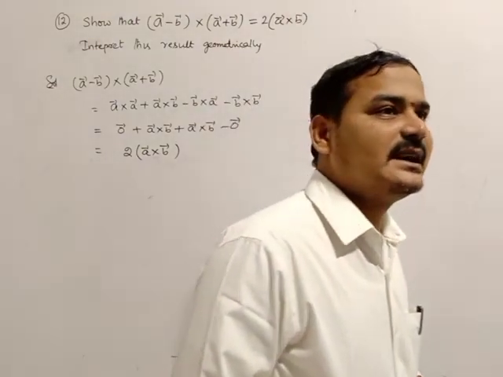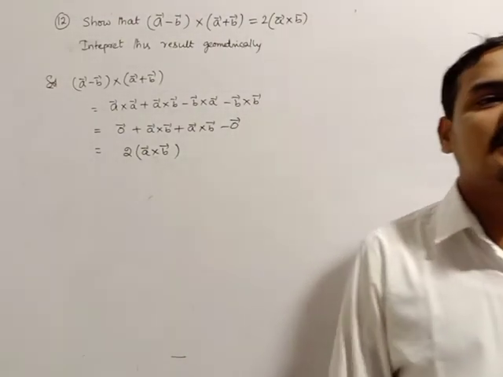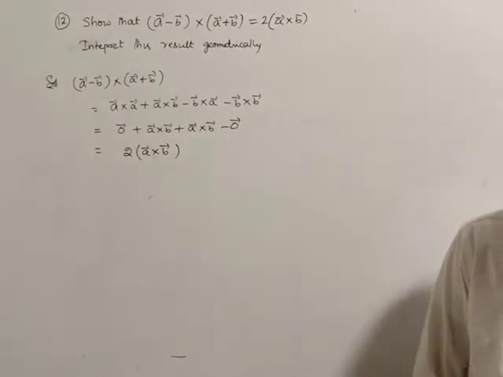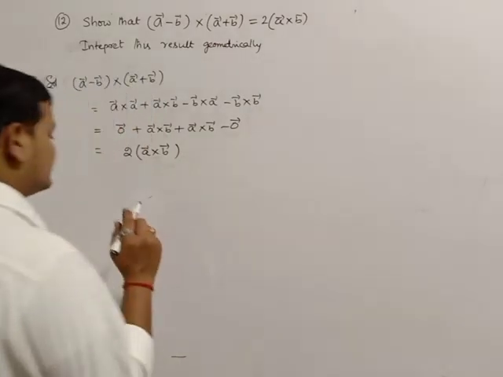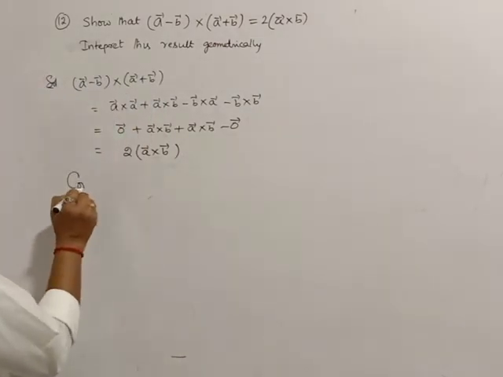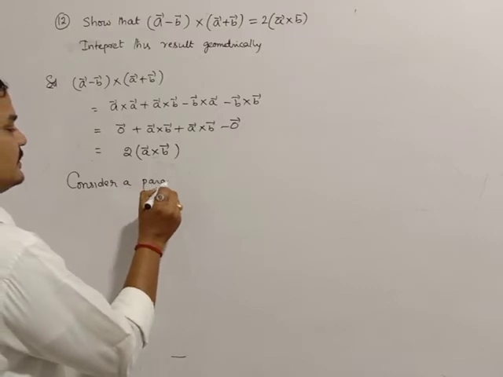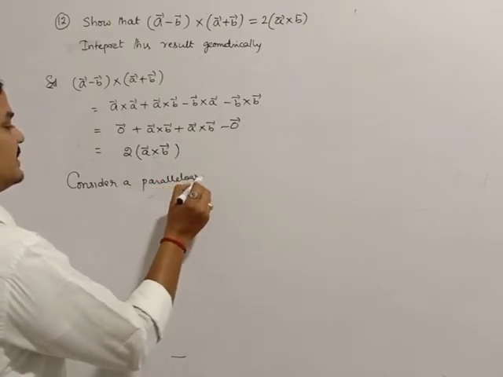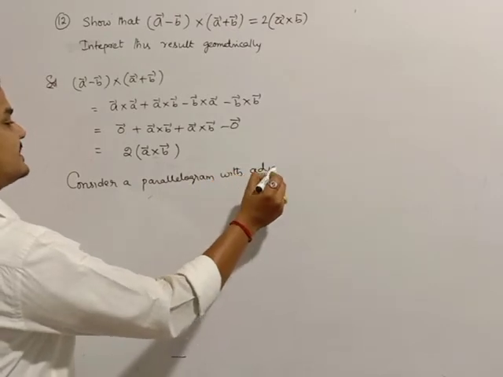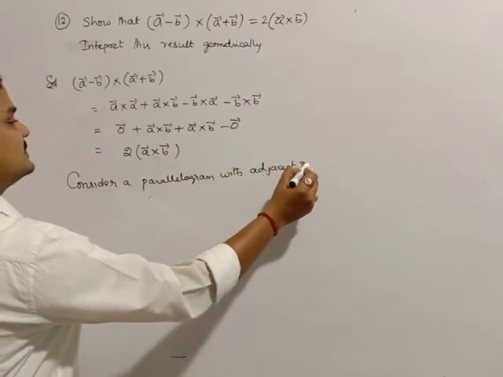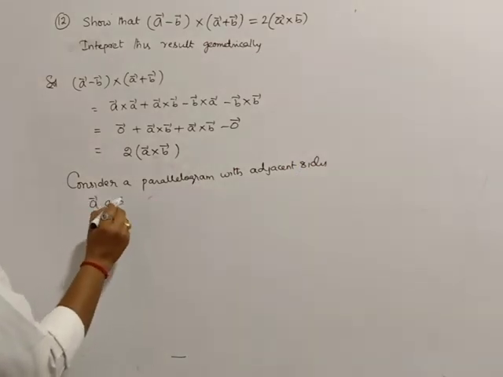Now what is the geometrical meaning of this one? For that purpose, observe how we write it. Consider a parallelogram with adjacent sides A bar and B bar.